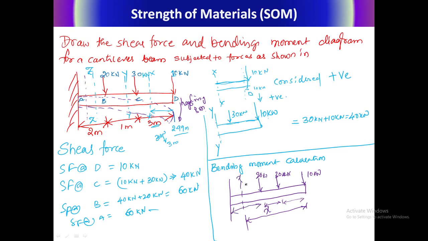So we have considered a section xx here, okay. Now the distance here is 2 meter, okay. The distance here is 1 meter, the distance here is 3 meter, okay.